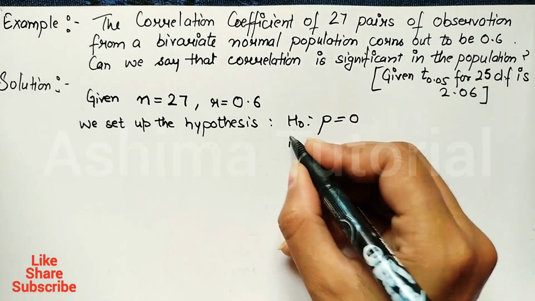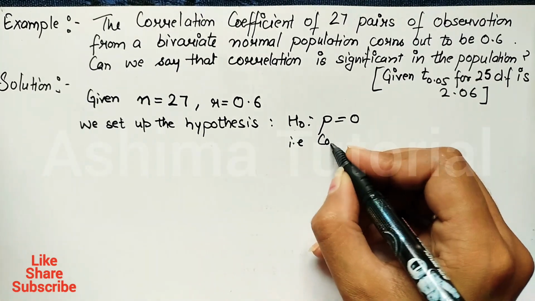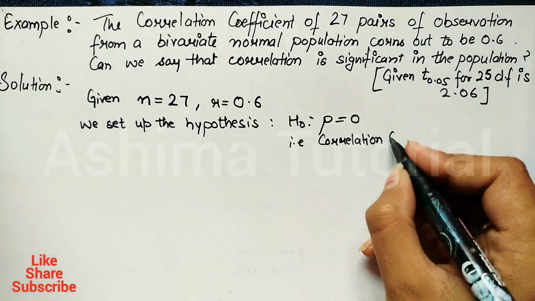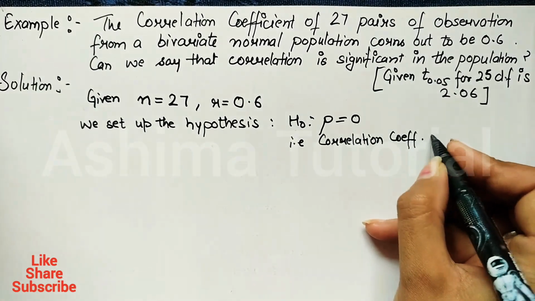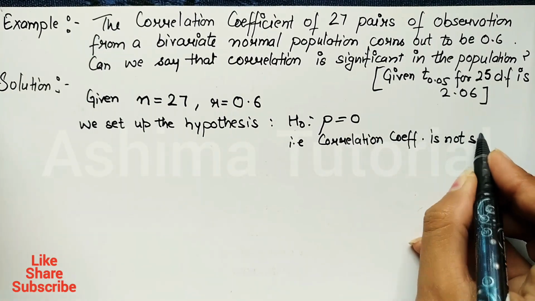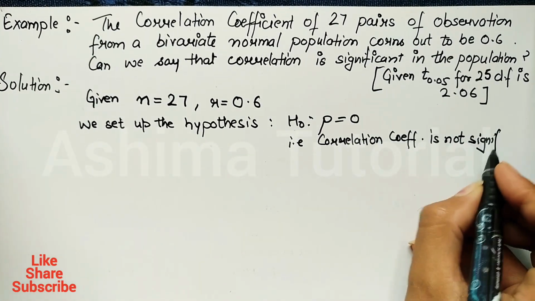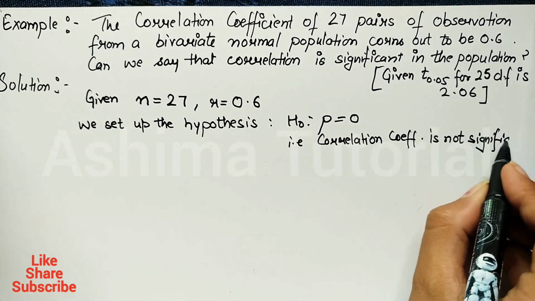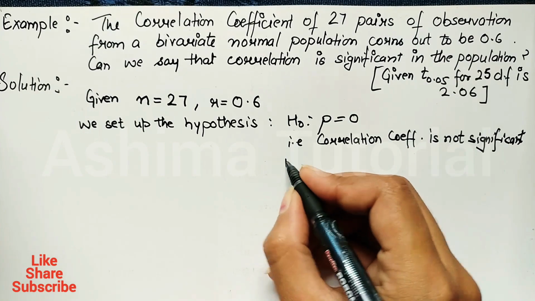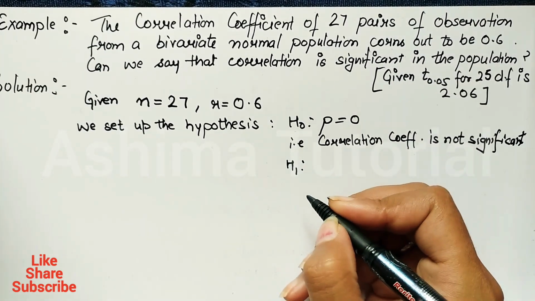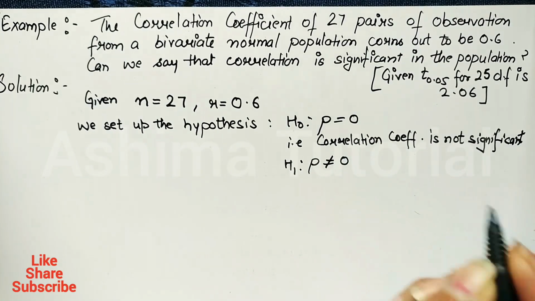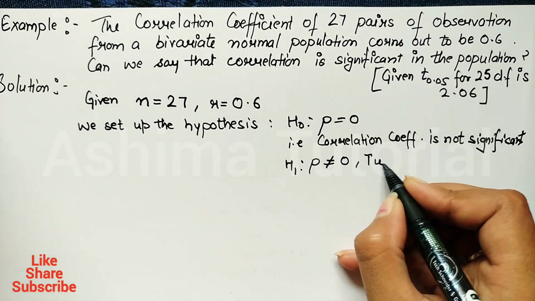That means correlation coefficient is not significant. Alternative hypothesis H1: rho is not equal to 0, which is condition of two-tail.